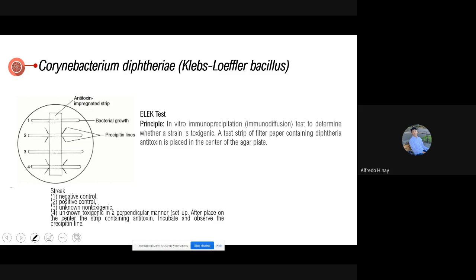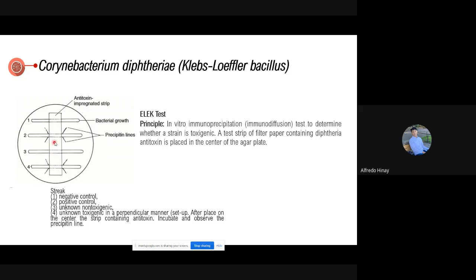So yung ginagawa natin class, naglalagay tayo ng... wait lang class, di ko makita yung ano ko. So you have your strip here, this one, a test strip of filter paper containing your diphtheria antitoxin.